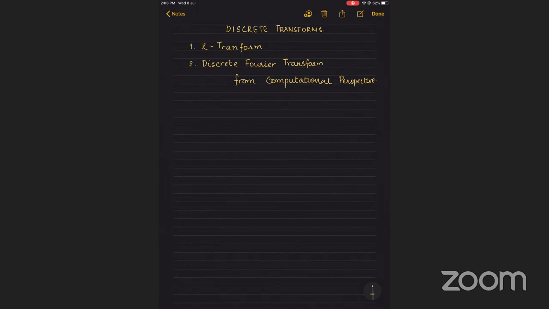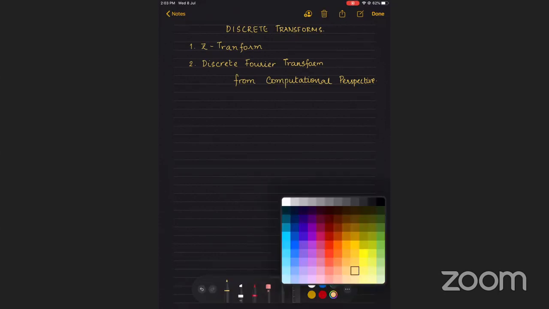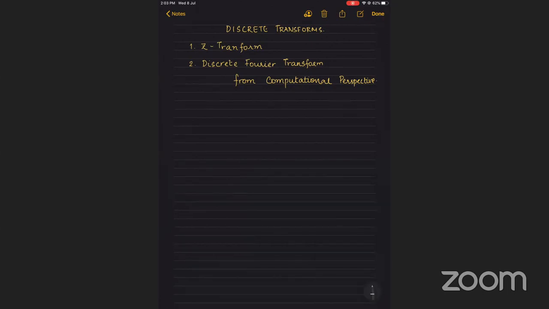Now, before we go on to the Z transform, discrete Fourier transform, and all those things, let's look at what is a transform in the first place. It's a question. What is a transform? That's question 1.